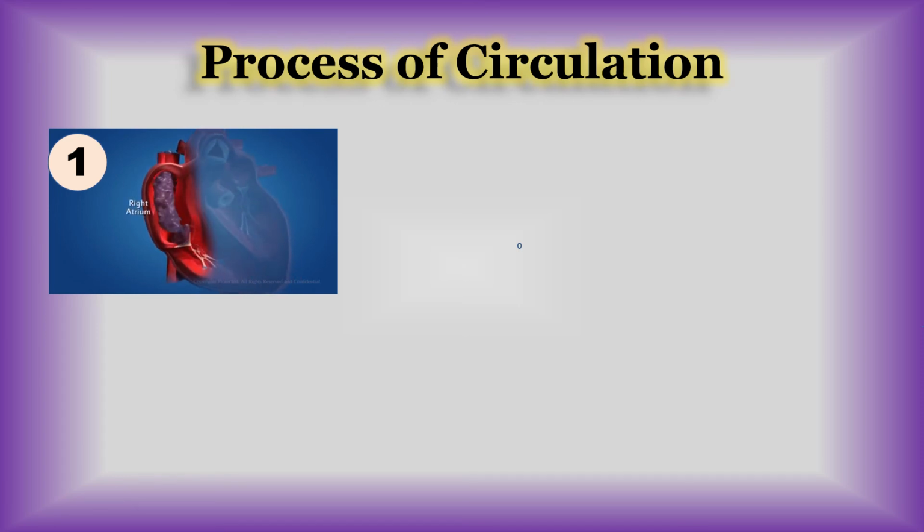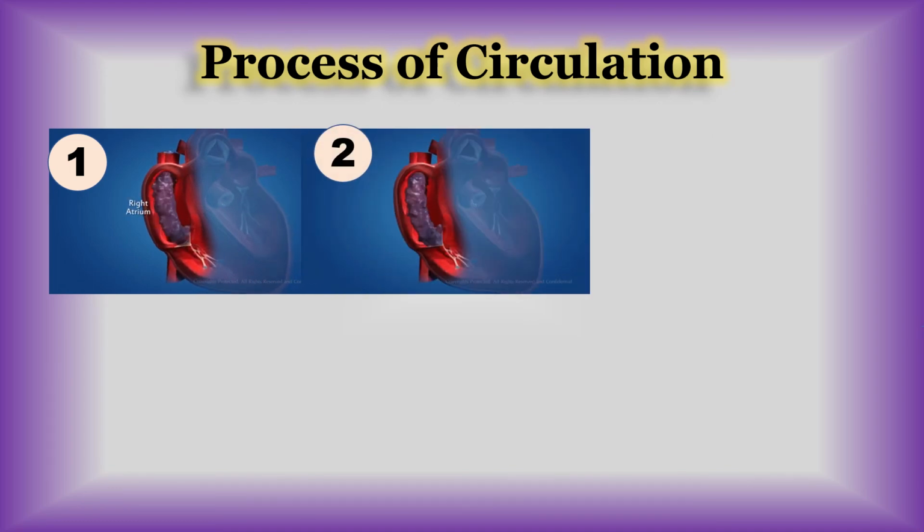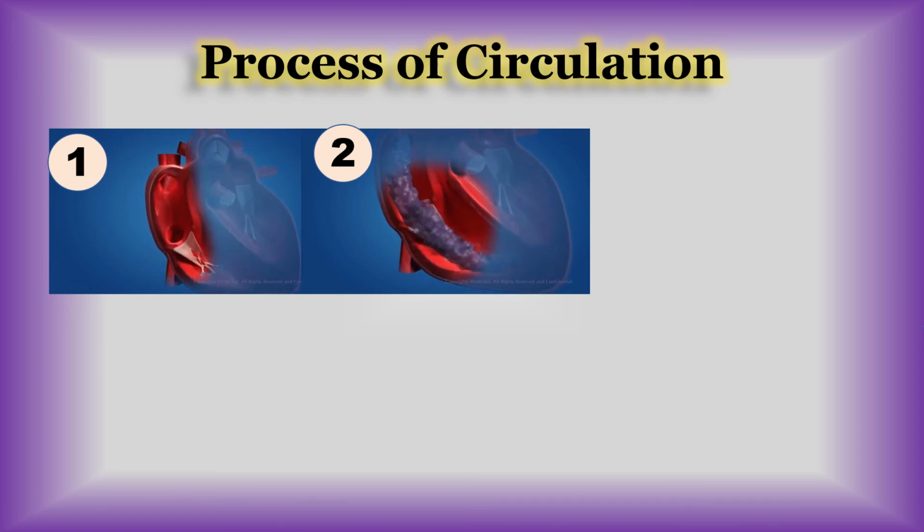The deoxygenated blood, collected from all parts of the body, is brought by veins to the right atrium, the upper chamber of the heart, and from here it is passed to the right ventricle. The right ventricle is the right lower chamber of the heart.